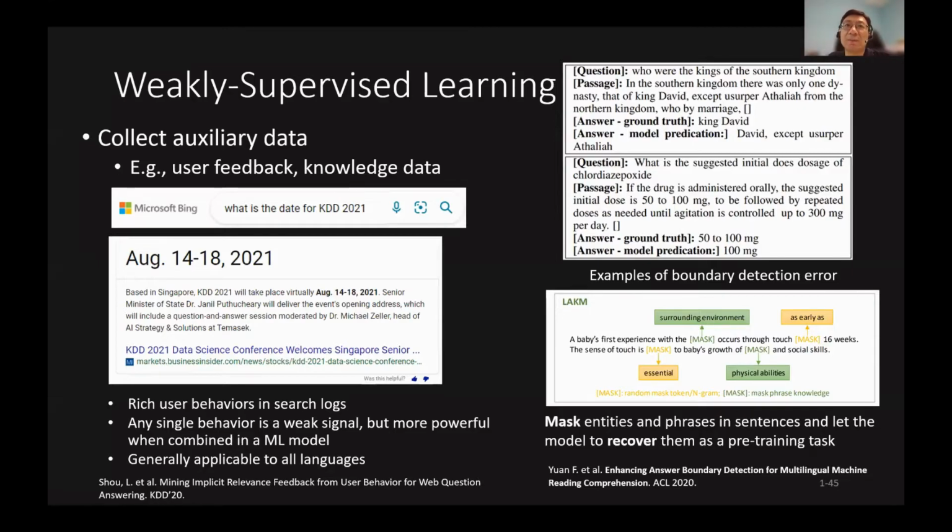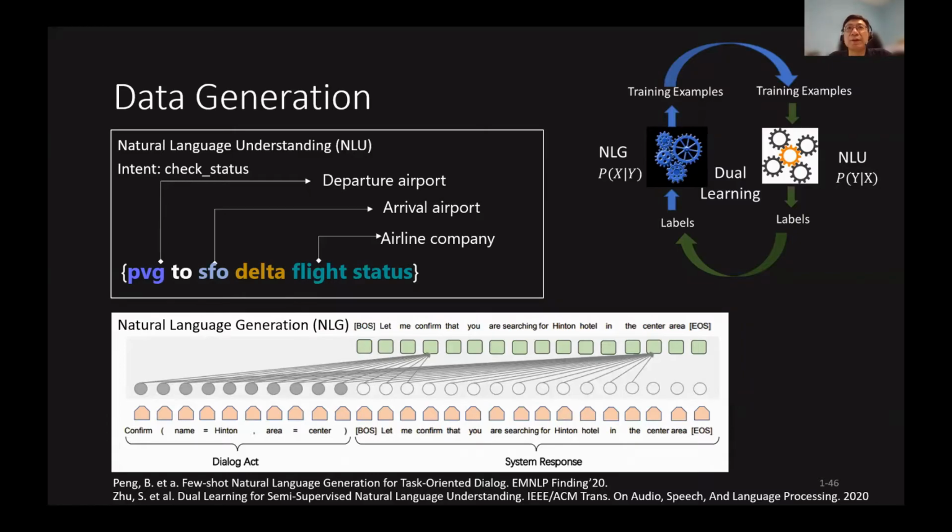In this example, the entity data serves as the auxiliary data, which provides weak supervision signals to the MRC model. Since the entity data can be automatically mined from the web, this method is also generally applicable to all the languages.